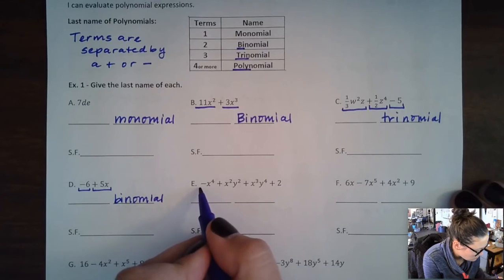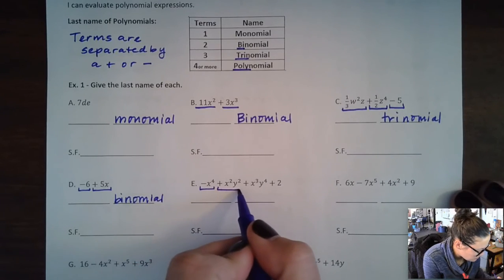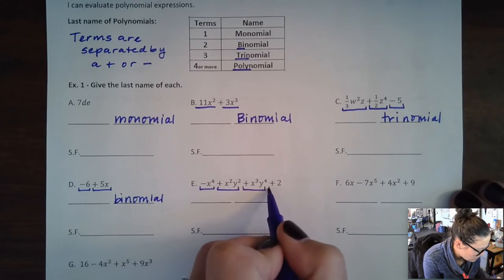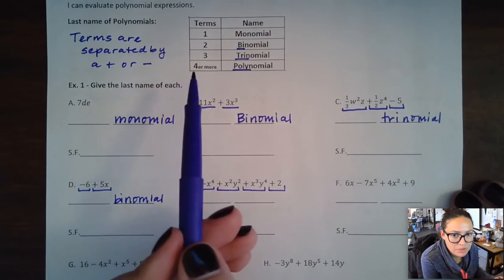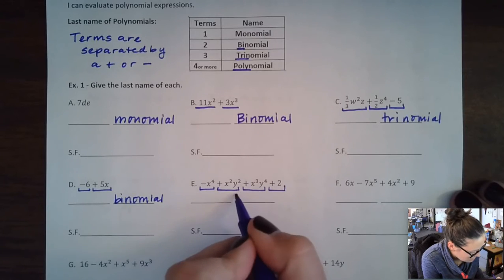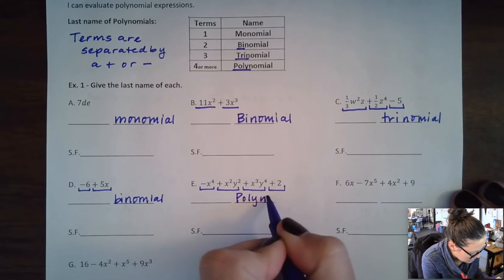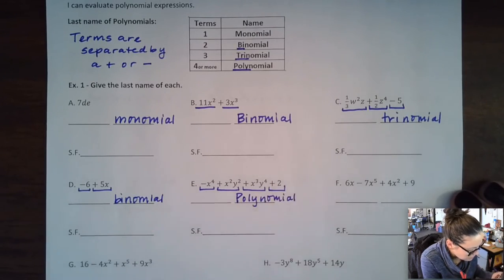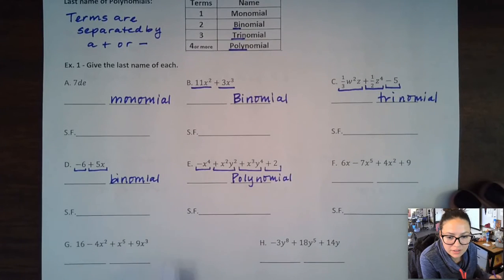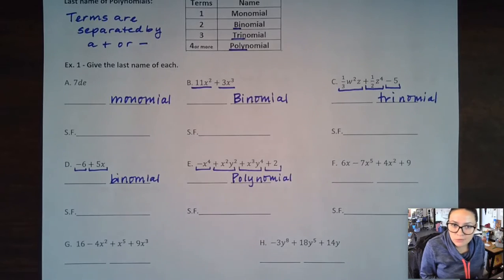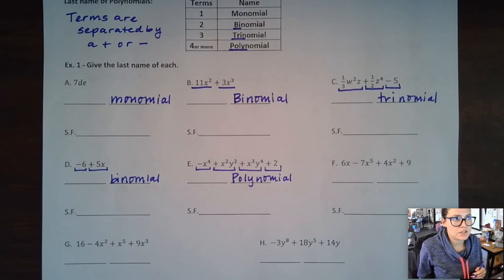E, there's 1, 2, 3, 4 terms. What do I call something with 4 terms? I simply call it a polynomial. All right, I would like you to fill out the last names for F, G, and H. So I'd like you to pause the video, fill those in, and then check your answers when you're done.